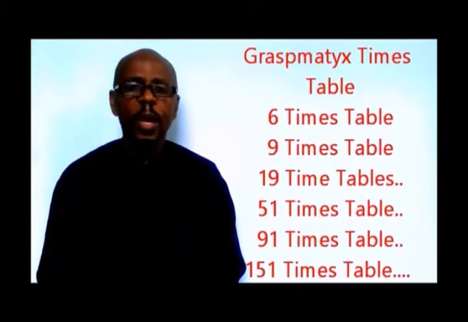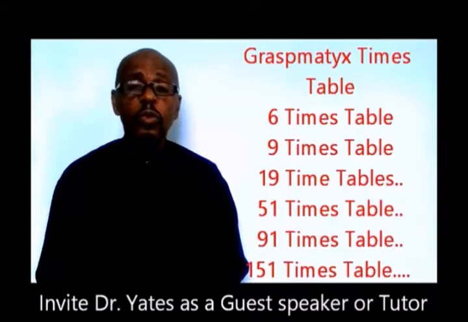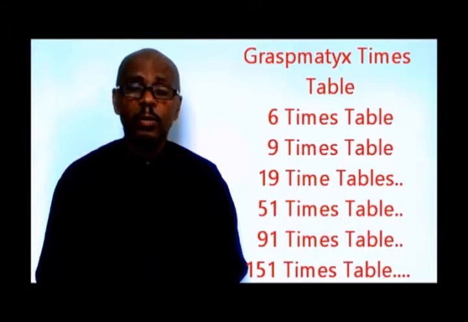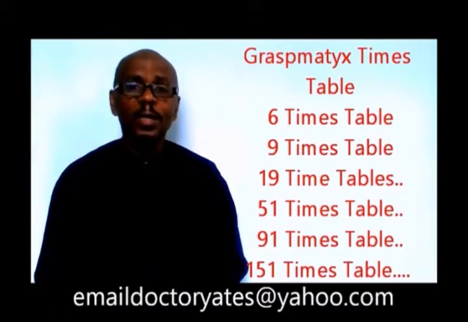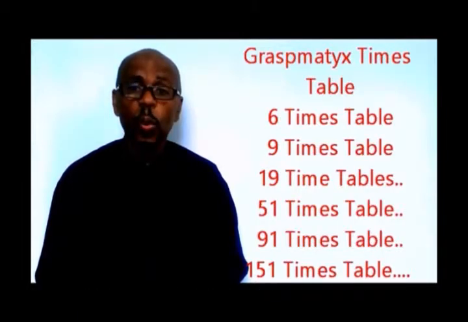Remember this: most people, like yours truly, Dr. Yates, learned timetables in the British school system and also the American school system. They taught me timetables starting at the number 1, and they stop at 12 times 12. Well, in this program called Grassmatics, you're going to go way above 12.